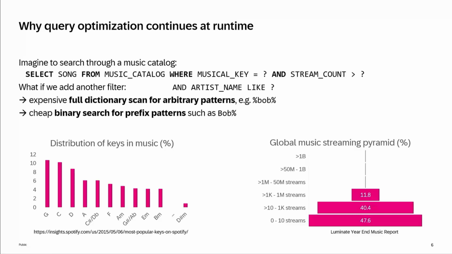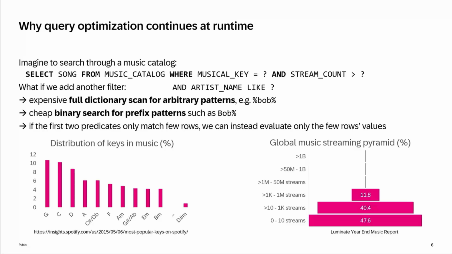So prefix pattern means that the wildcards are only at the end, and we have a prefix. And another way to evaluate this would be if we have just the first two predicates evaluated, the musical key and the stream count, and they only match few rows, then it would be cheap to just evaluate the artist name on these few rows, basically.